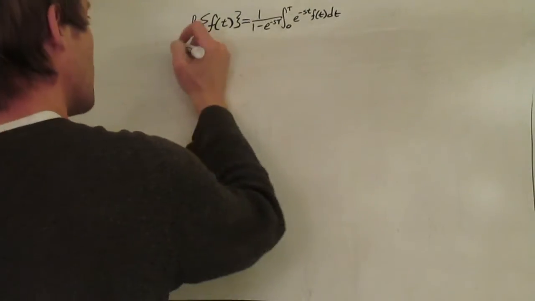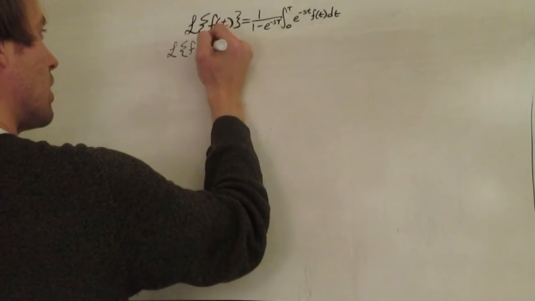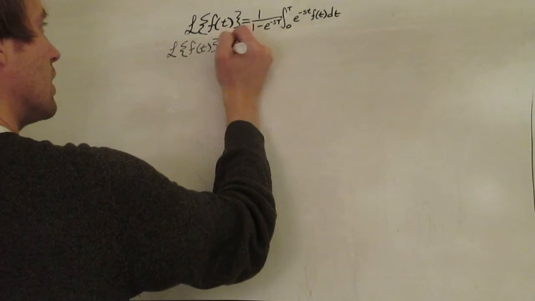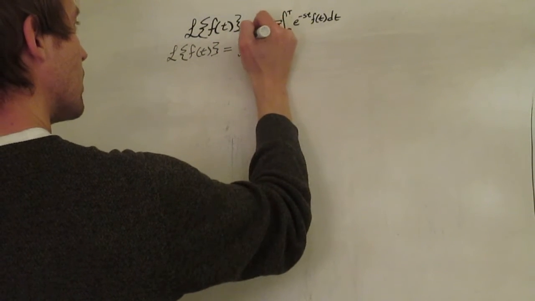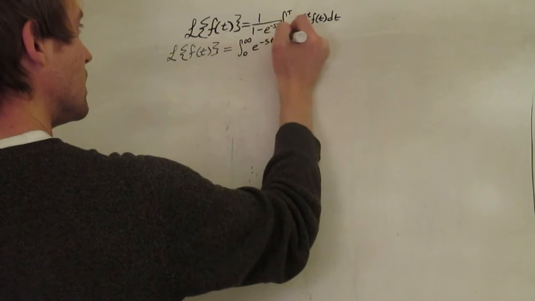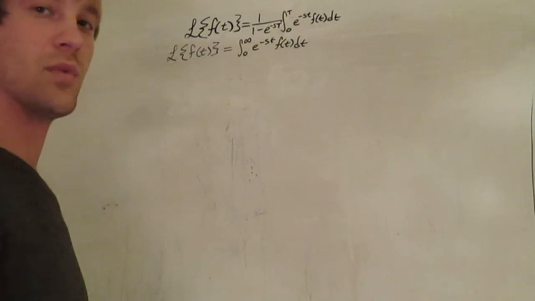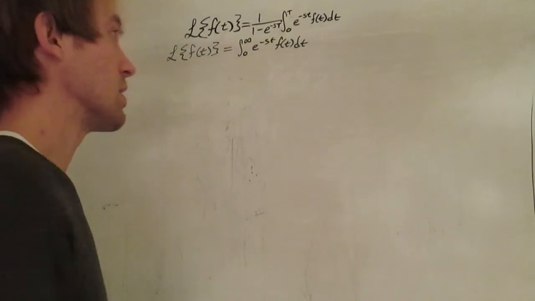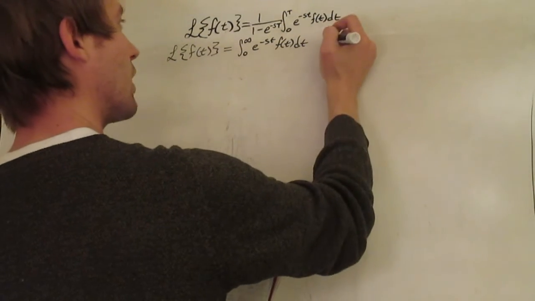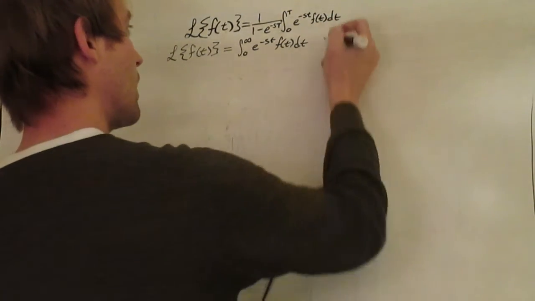Alright, so we'll start again with the definition as we did in the last video. Laplace of f of t equals the integral from 0 to infinity of e to the negative st f of t dt. This is the definition. So how can we split this up? Well, we're going to split it up into a sum of the integrals over the intervals of length capital T, the period.